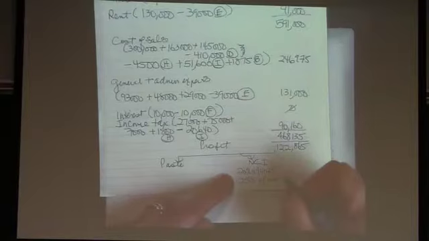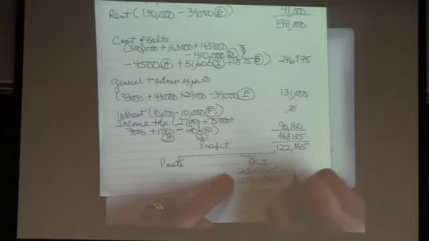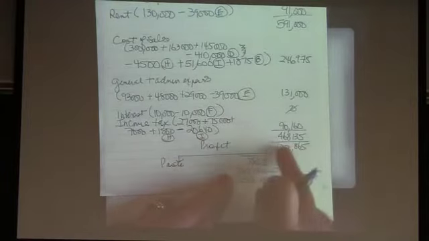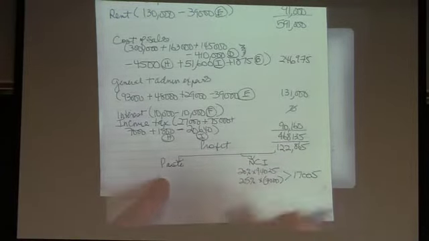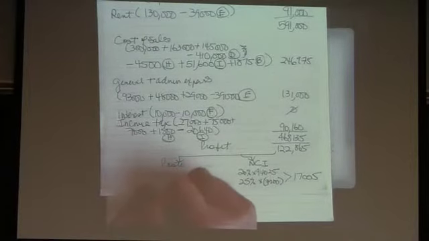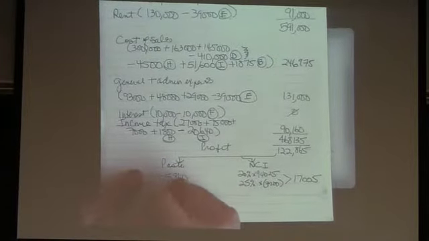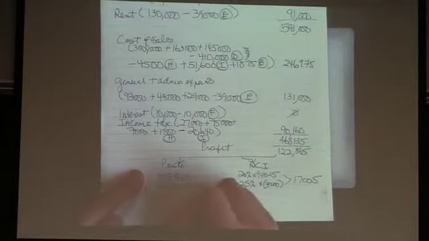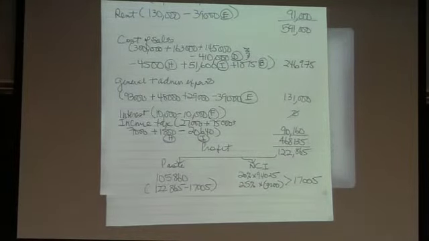All of that adds to 17,005. So we're going to take that, subtract that to give us the Pace, which is 105,860, which is 122,865 minus 17,005. That's how we determine the non-controlling interest.